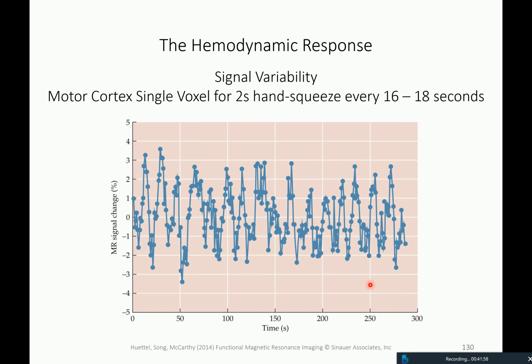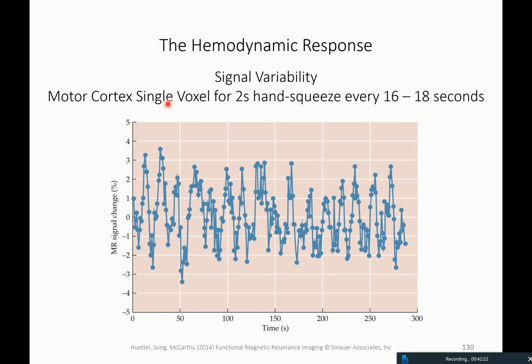I guess more 2. You see that you don't observe this beautiful initial dip, peak, post-stimulus undershoot, but essentially the signal going up and down. And this also differs between different repeats of the same kind of activity.